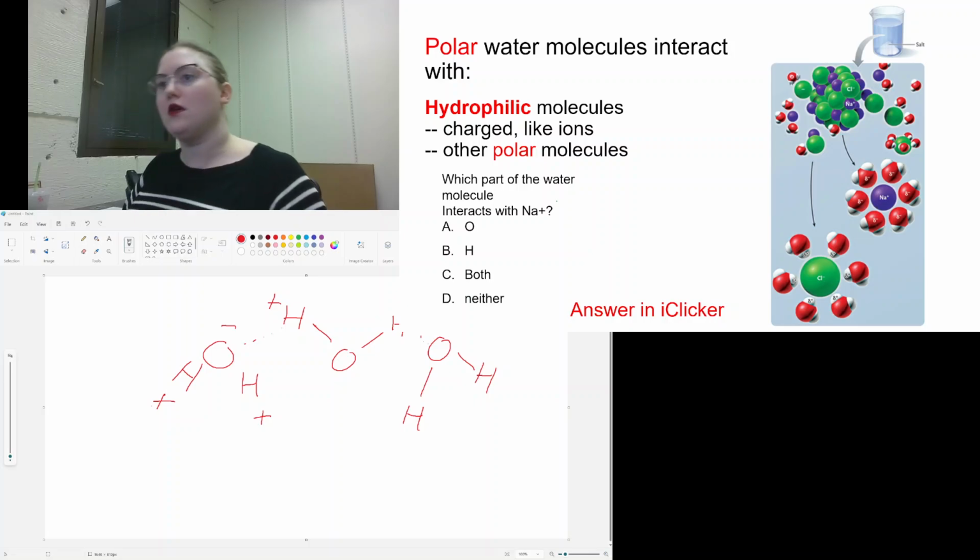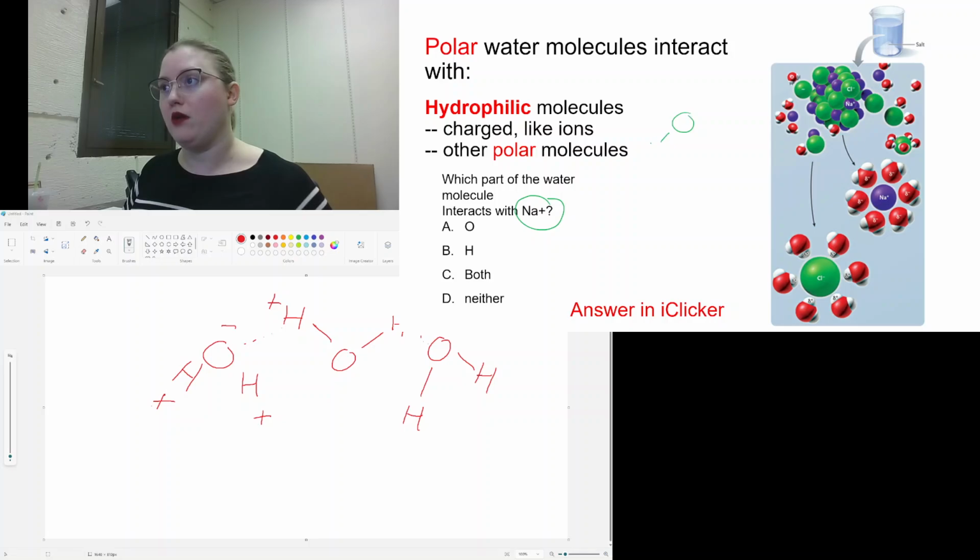Okay, so let's talk about this for a second. Polar molecules will interact with hydrophilic molecules, ions, and other polar molecules. So if we're thinking about our polar molecule, water, and our ions, sodium chloride, which one of those parts of water is going to want to interact with sodium?